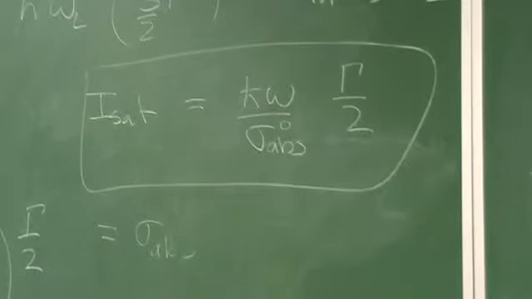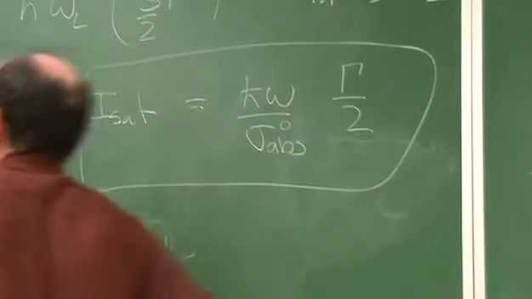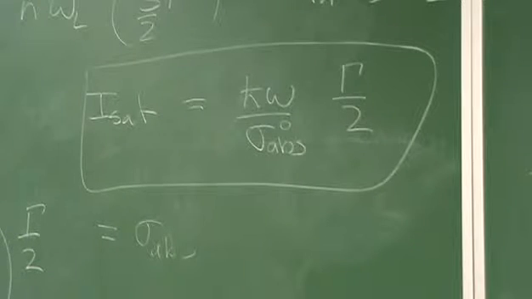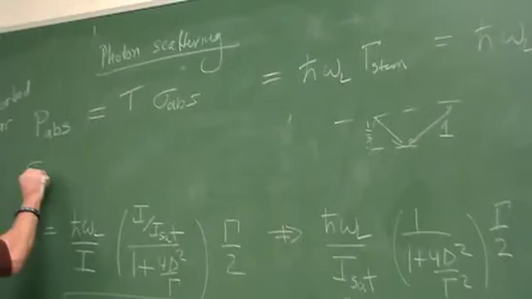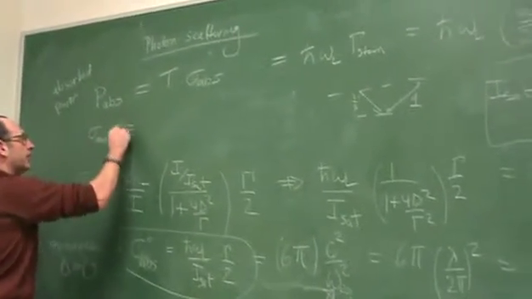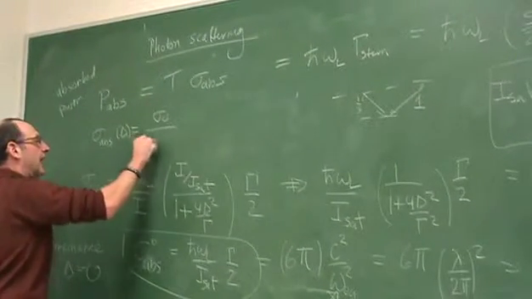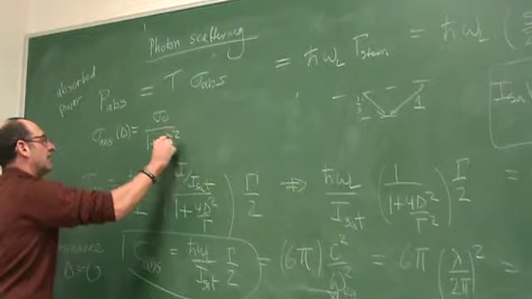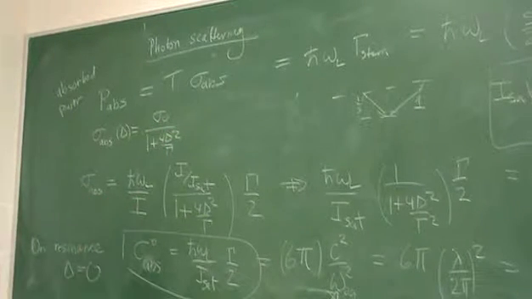Notice that the cross-section off resonance is equal to the resonant cross-section, and then it falls off like a Lorentzian. Okay?